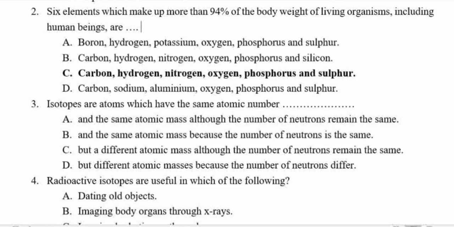So isotopes are atoms of the same element which differ in the number of neutrons. Again, we can say that isotopes have the same number of protons, but they differ in atomic masses.